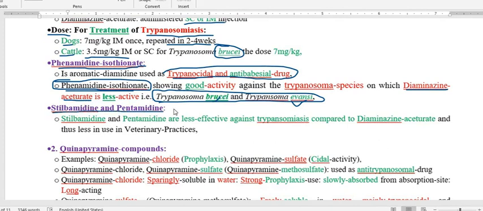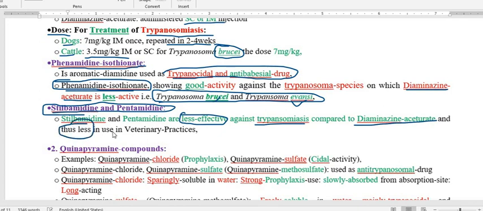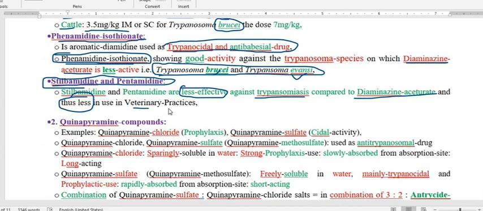less effective. The two drugs stilbamidine and pentamidine, from the same group of diamidines or aromatic diamidines that we already discussed, show efficacy against Trypanosoma, but the efficacy is less as compared to the two we discussed earlier. So stilbamidine and pentamidine show less efficacy against trypanosomiasis as compared to diaminogen aceturate, and this is the reason these two drugs are less used for veterinary purposes.